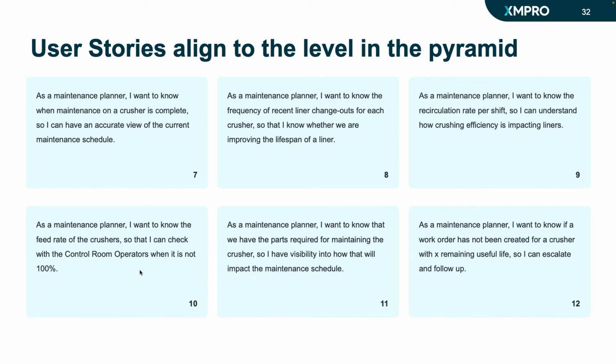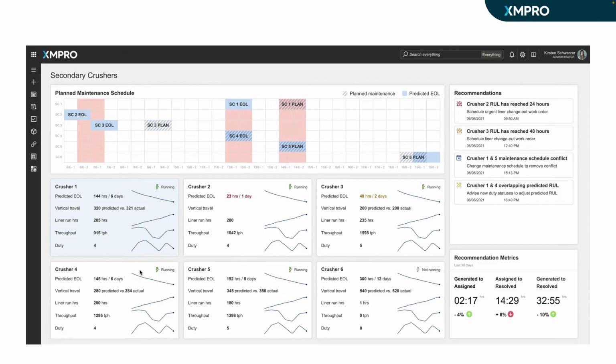So again, for his role around crushers, there are 12 different things that need to be addressed, or questions that he's got to know. What is the frequency of recent liner changeouts, so how can we improve the lifespan of liners? Here's the digital twin that represents that. So you could see he wanted to know if there are 2 crushers out at the same time.